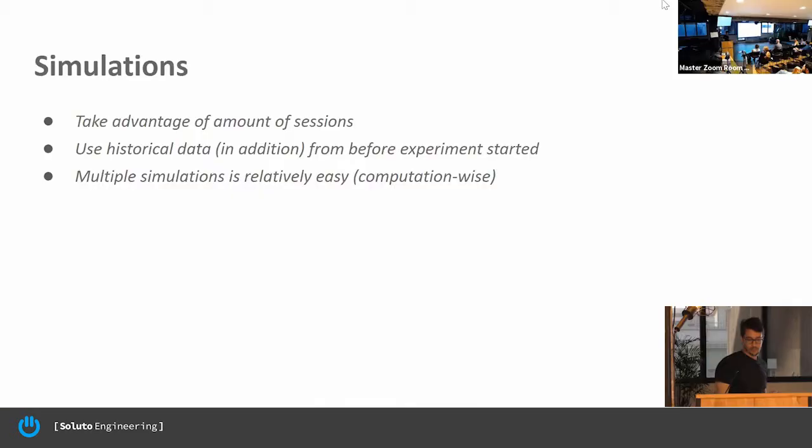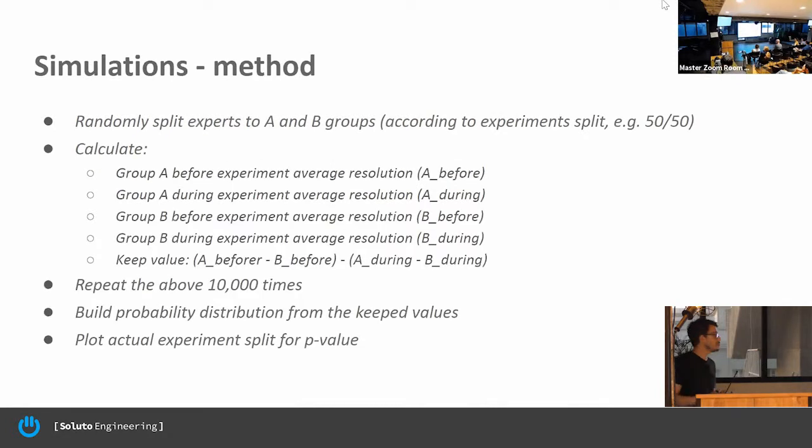And also, same as bootstrapping, which is relatively easy nowadays since computing power is a non-issue, here too we are able to computationally run a lot of different simulations. And what we actually do is randomly split all the experts into groups. I'm not talking about the experiment part, just about the simulations, running a lot of simulations, splitting into A and B groups, and assume we are talking about the resolution rate.